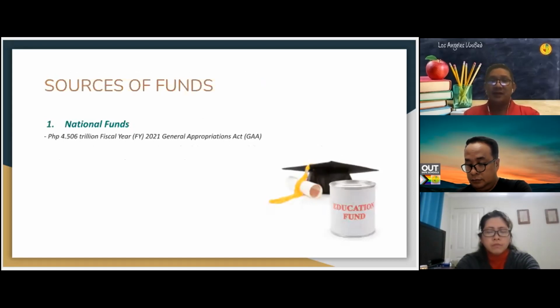But reality check, although the Philippine Constitution mandated that education should be the priority, the Philippines remains to have one of the lowest budget allocations to education among ASEAN countries. So it's sad to know, but that is the reality.